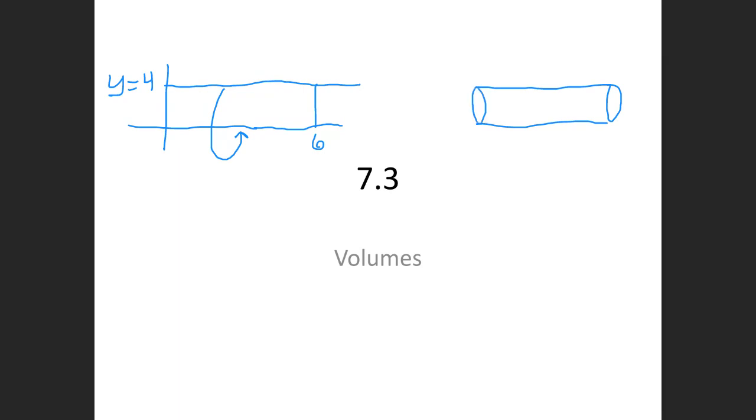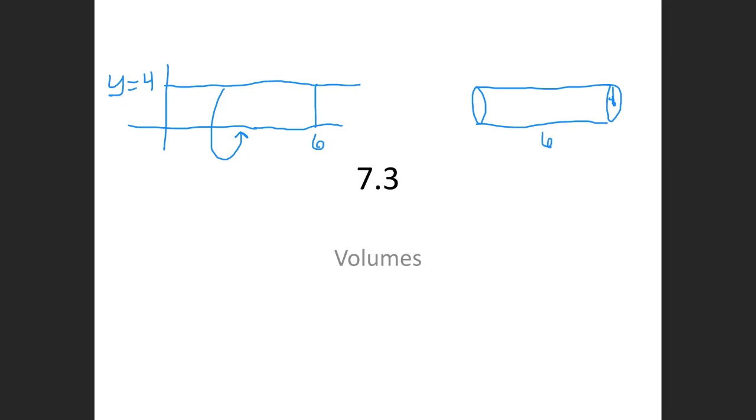Okay, and in this problem, what's the radius? It is 4. What is the height? 6.